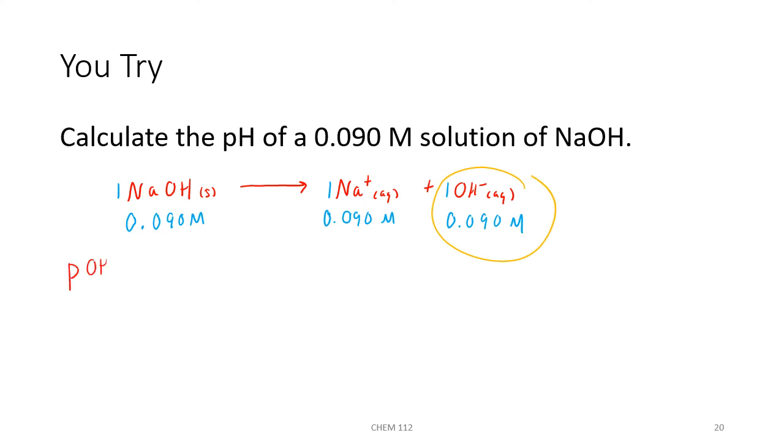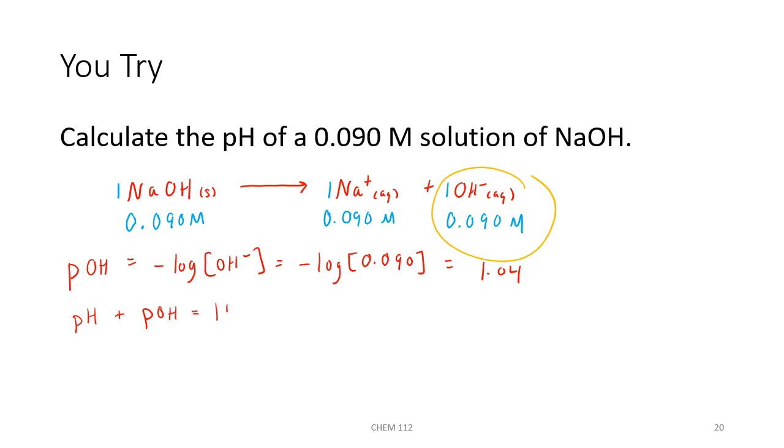So before we calculate the pH, since we know the hydroxide ion concentration, we can calculate the pOH, which will be the negative log of the hydroxide ion concentration. So that'll be the negative log of 0.090. That gives us a pOH of 1.04. Next, we can use that the pH plus the pOH is equal to the pKw, which is 14.